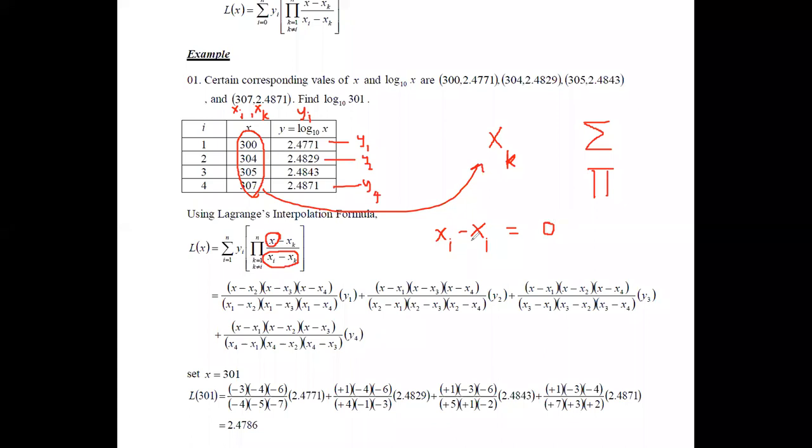If this value becomes 0, the value in the denominator becomes 0, which means it will come to an indeterminate form, or simply we can say that the whole equation value would go to infinity. Therefore, you cannot perform the calculation. Therefore, this is the condition they are using. It means that the value of k cannot equal i. Therefore, by sticking to all these conditions, now we will see how we can obtain the set of values.